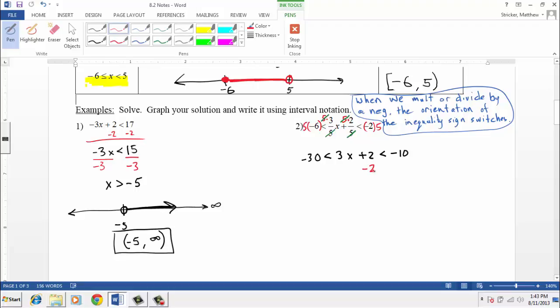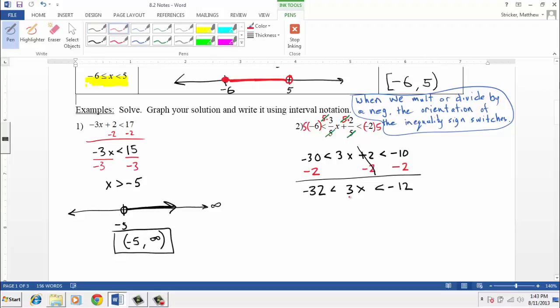Now, if I subtract 2 there, I also have to subtract 2 here and here. That's going to give me negative 32. In the middle now, we only have 3x left because the 2's cancel. This is gone. And then on the other side, we have negative 12.